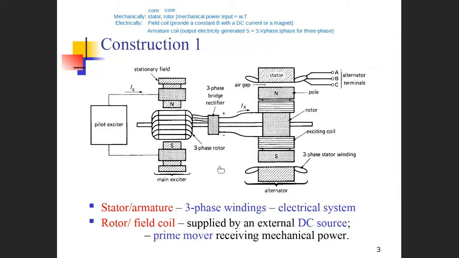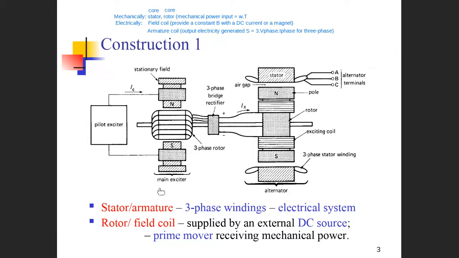To produce a big magnetic field, we have to use a big magnet or a big field current. Using a big field current means using another generator to produce it. Therefore, a big commercial generator usually has two smaller generators.